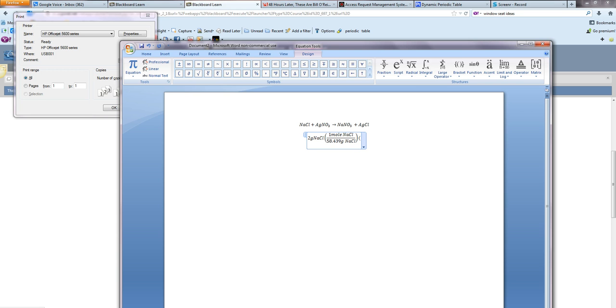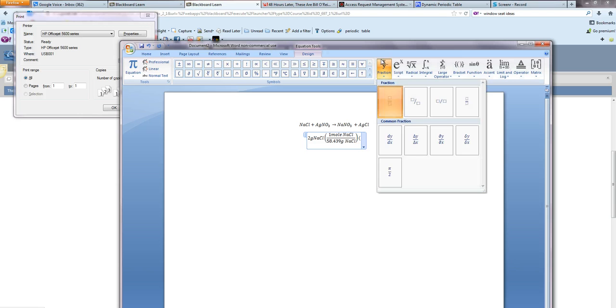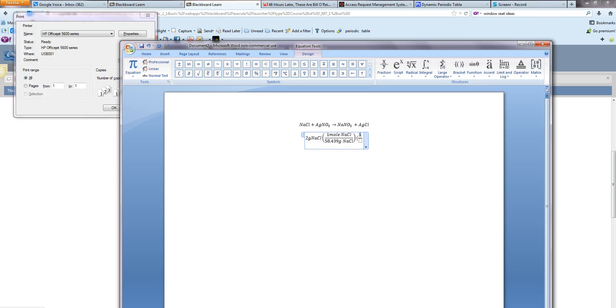So 1 mole of AgNO3 over 1 mole of NaCl. Now, if you notice, these are in a position where I can cross out the NaCl. 1 mole of NaCl here, 1 mole of NaCl there.